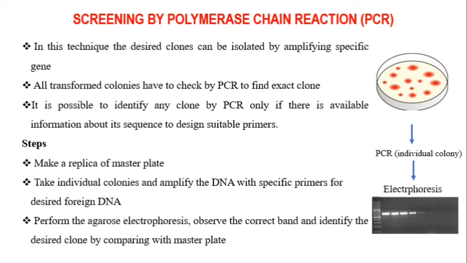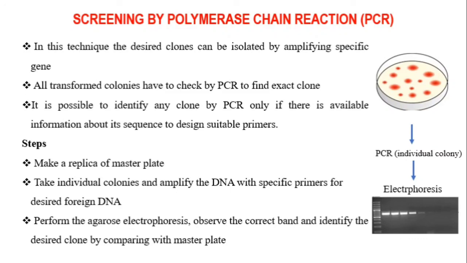In this procedure, all colonies will be checked by PCR to isolate the desired clone. It is possible to identify any clone by PCR only if there is available information about the sequence to design suitable primers.